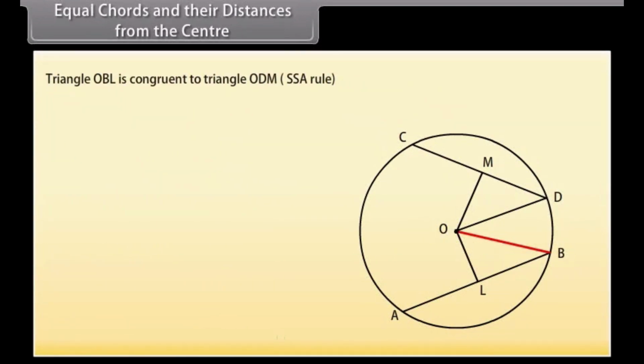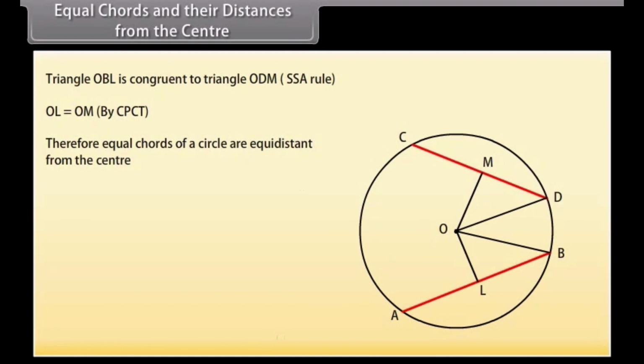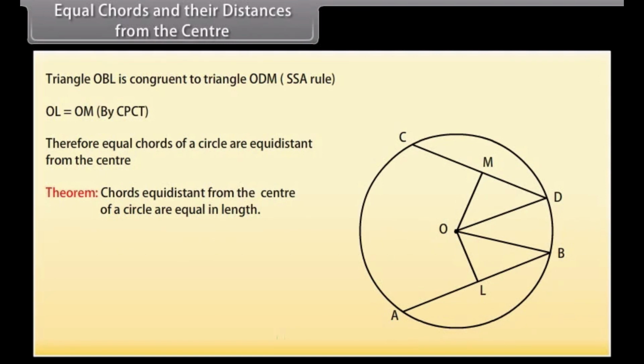Therefore, by SSA congruence rule, triangle OBL is congruent to triangle ODM. This implies that OL is equal to OM by CPCT. Therefore, equal chords of a circle are equidistant from the center. The converse of this theorem says that chords equidistant from the center of a circle are equal in length.